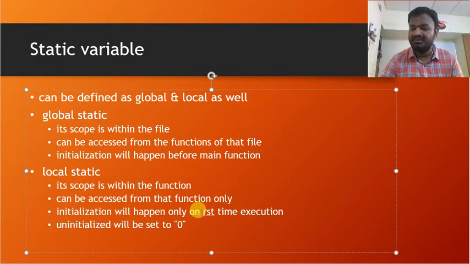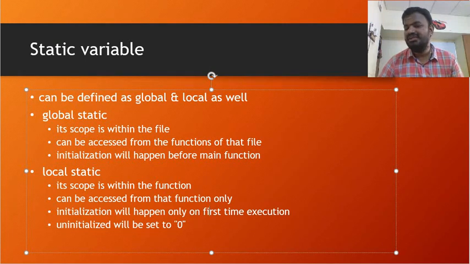Basically, for example, you are defining the static local variable inside a main function. Whenever that main function gets called for the first time, the initialization will happen. After that, similar to a global variable, if it is uninitialized, it will be initialized with 0.